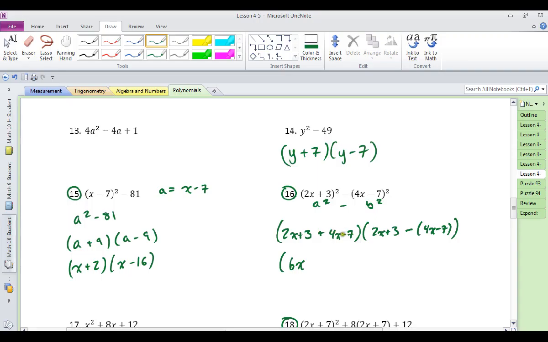What's 3 minus 7? Negative 4. What's 2 minus 4? Negative 2x. And what's 3 minus minus 7? Positive 4. And now that's done. Does everybody see how it works? Nothing changes, does it?